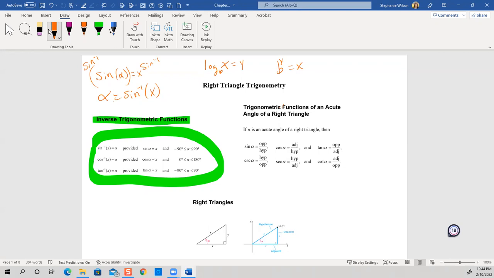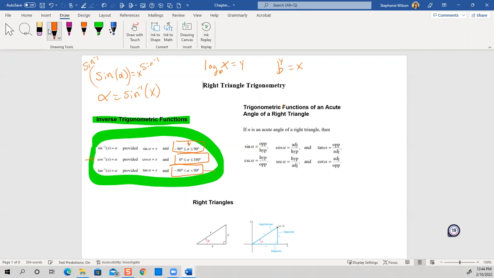So cosine, if you notice here, inverse of x equals alpha will also give us cosine alpha equal to x. Sine falls between negative 90 degrees and 90 degrees, where cosine falls between 0 degrees and 180 degrees, and tangent falls between negative 90 and 90.